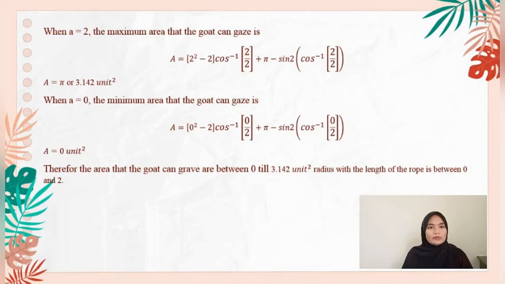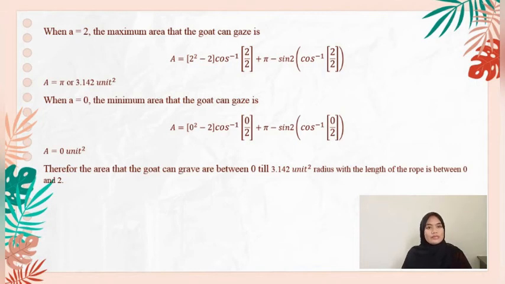When A equal to 2, we can get the maximum area that the goat can graze, which is area equal to 2 square minus 2 cos inverse 2 over 2 plus pi minus sin 2 cos inverse 2 over 2. We can get the area equal to pi or 3.142.